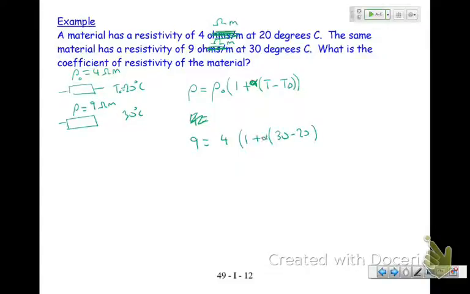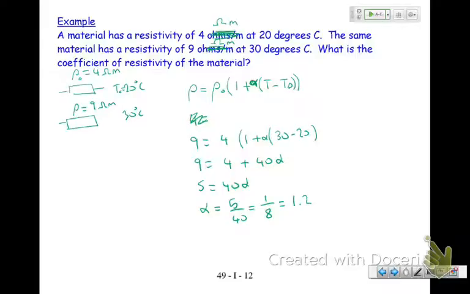So 9 is equal to 4 plus 40 alpha. So 5 is equal to 40 alpha. So alpha is equal to 5 over 40, which equals 1 over 8.